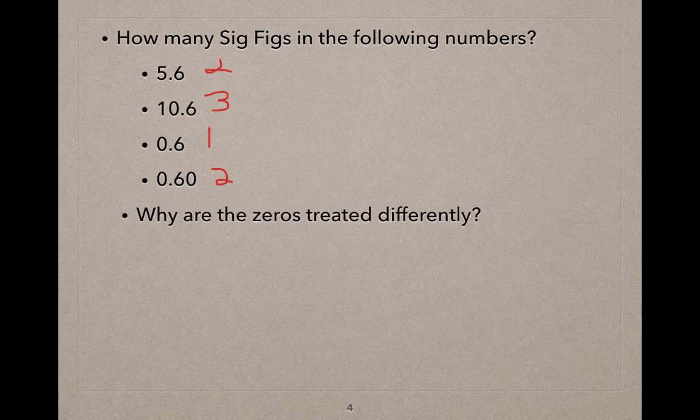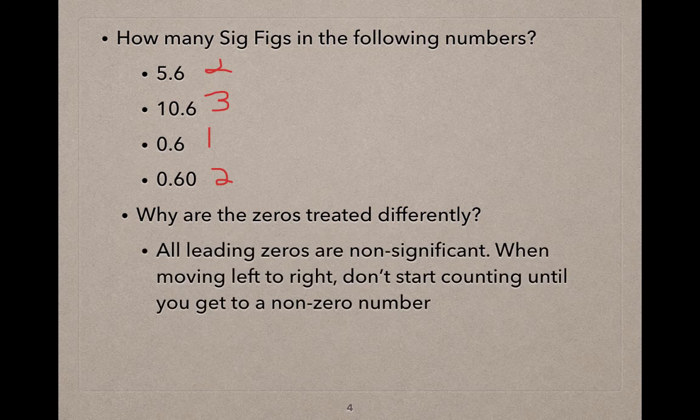So why do we treat the zeros differently in these different numbers? Well, it depends on where they fall within the number. Anytime we have a leading zero, that's a non-significant number. A leading zero is a zero that comes to the left of any non-zero number, before any non-zero number has counted.